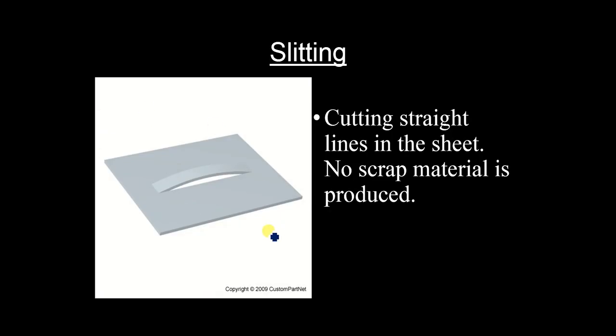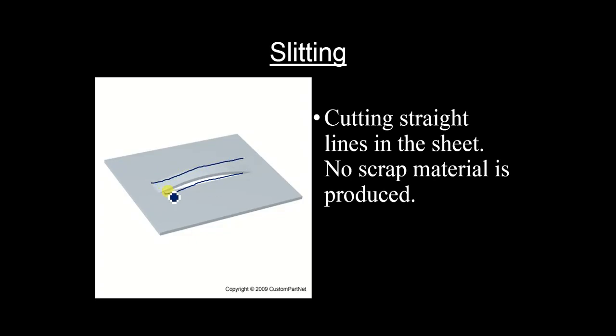Here we have another sheet metal operation, which is generally called slitting. What we are doing in slitting is, we are not removing any material. We are not taking out any scrap material. We are simply cutting the sheet metal in the form of a line. You can see there is a single cut over here, and on the other side we have another cut over here.